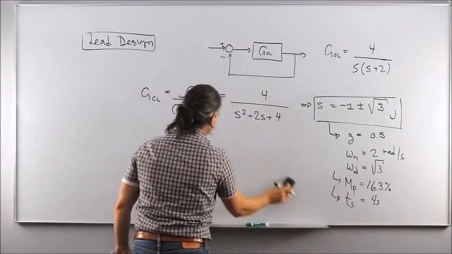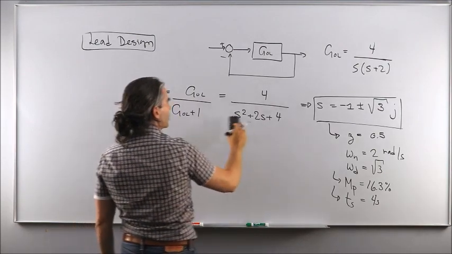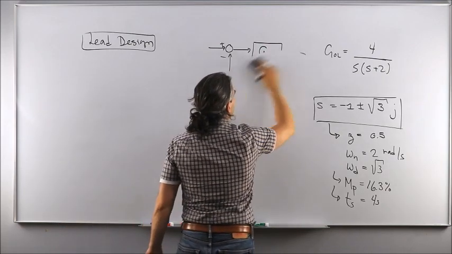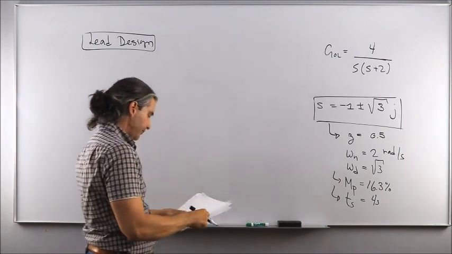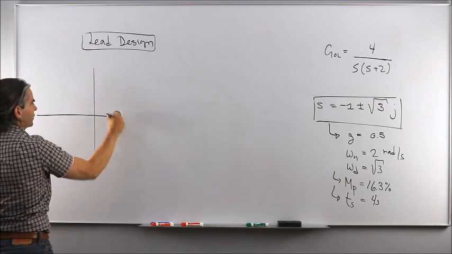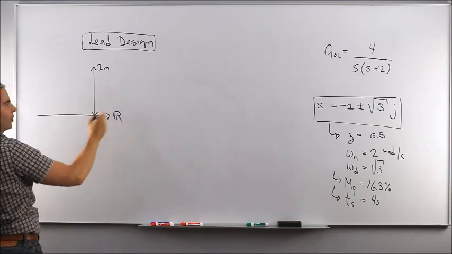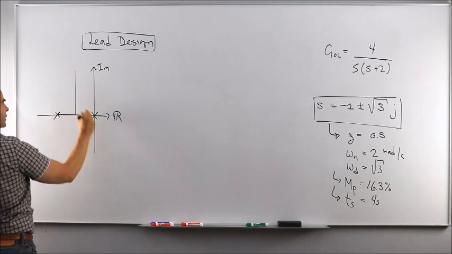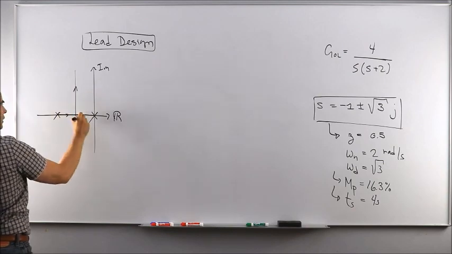Okay, at that point, with the closed loop transfer function, with the open loop transfer function, I would highly recommend that you draw the current root locus of the system as it is. Okay? So as it is, on the imaginary and real axis, we have one pole at the origin and the other pole at -2, like that. And if you were to draw the root locus, you would see this familiar behavior, like this.